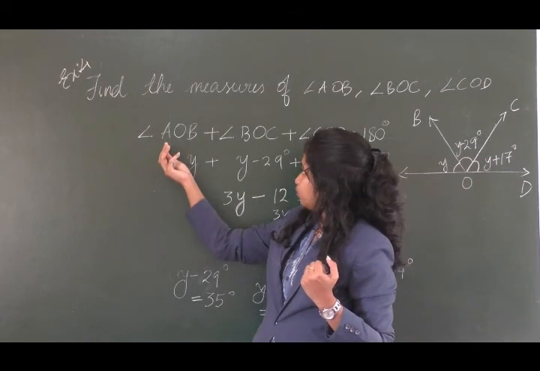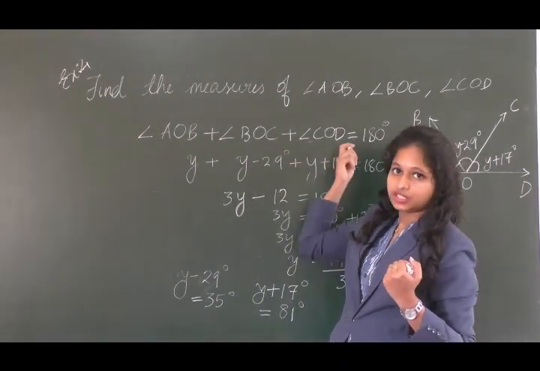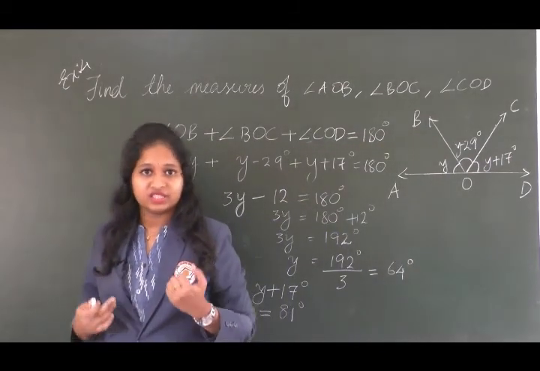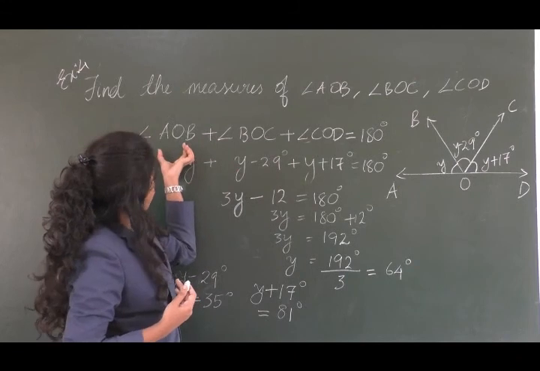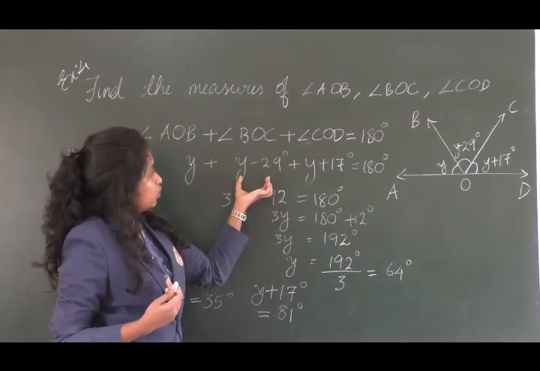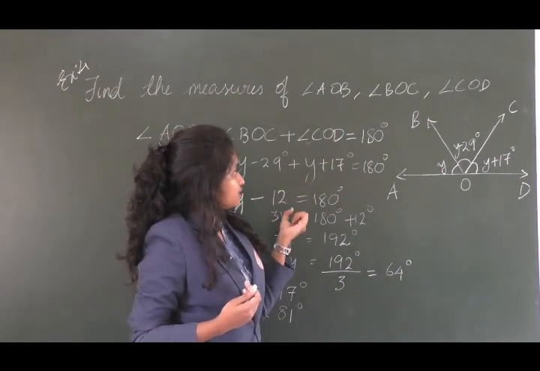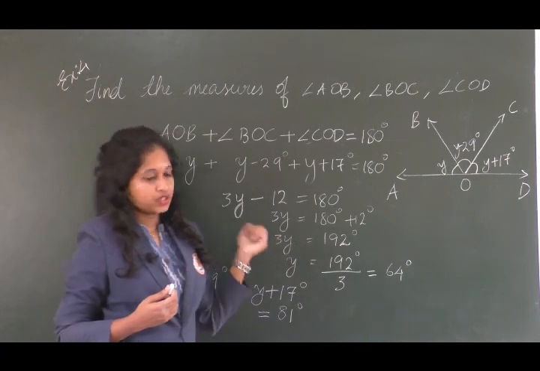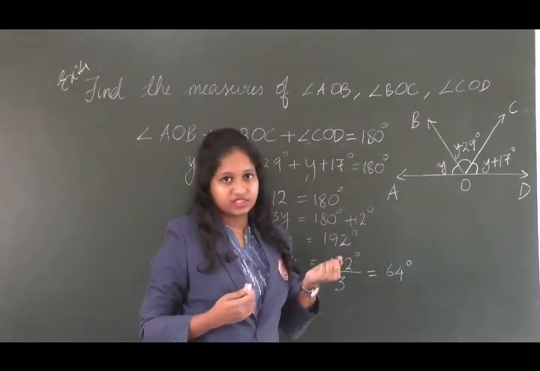So angle AOB plus angle BOC plus angle COD is equal to 180 degree. Now angle AOB is given as y, angle BOC is given as y minus 29 degree and angle COD is given as y plus 17 degree. So the sum of all these angles is equal to 180 degree.